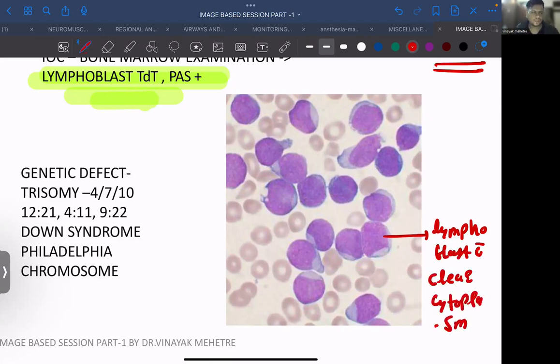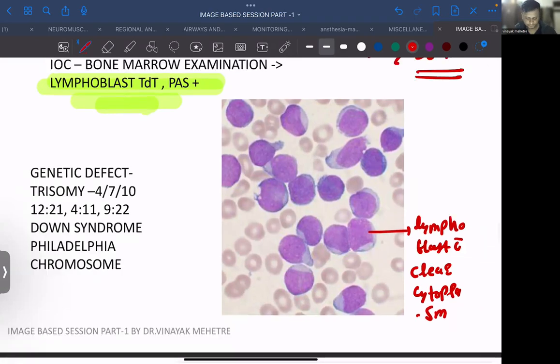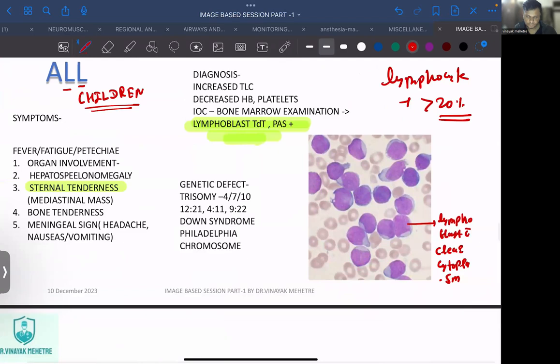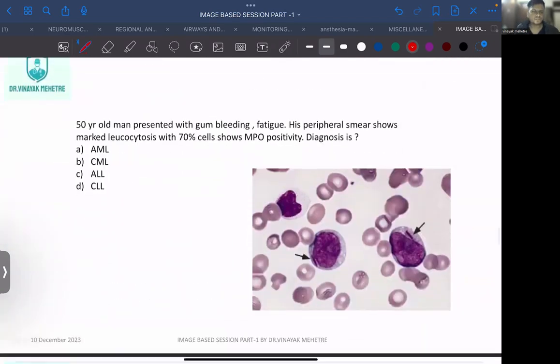That's it. Okay. यहाँ पे कोई चेंज नहीं है सेल में, ऐसे समझ लो, same cell दिखेगी, ठीक है। Read the question again. ALL समझ आ गया, sternal tenderness, answer is ALL, children answer is ALL, that's it. Then comes second disease.